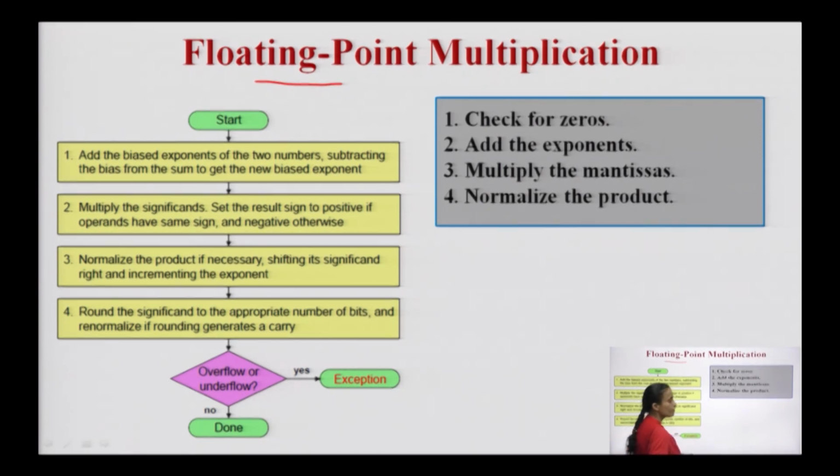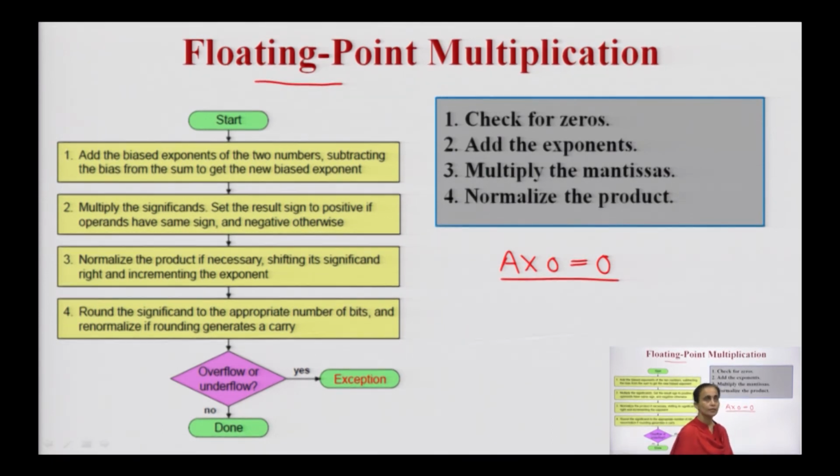Then next, floating point multiplication. For performing floating point multiplication, I will check whether any number is 0, because any number multiplied with 0 results in 0. There is no need to go further. So first the numbers are checked for zeros. Then, as we all know, the exponents are added while performing floating point multiplication. Then multiply the mantissas, then normalize the product.